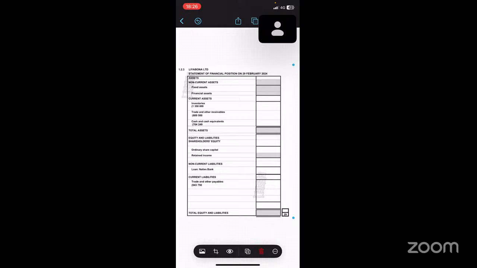And the nice part is they've already put things there for us. And they said the gray shaded area doesn't have to be completed, right? And that means you're gonna jump straight to current assets.